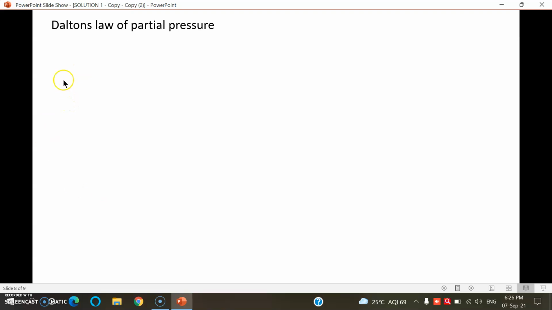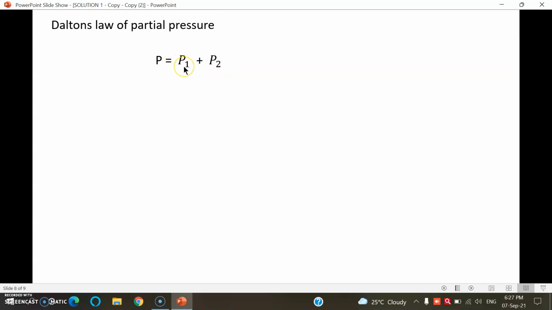Student, you know Dalton's law of partial pressure, that is the total pressure exerted is the sum of the partial pressures exerted by each component. Here we have taken a mixture of two volatile components, A1 and A2, so the total vapor pressure is given by Dalton's law of partial pressure, that is P, the total pressure exerted on the liquid surface, is equal to P1 plus P2.